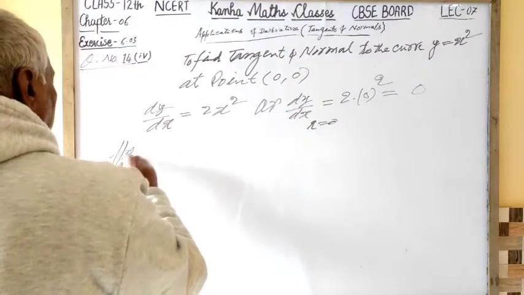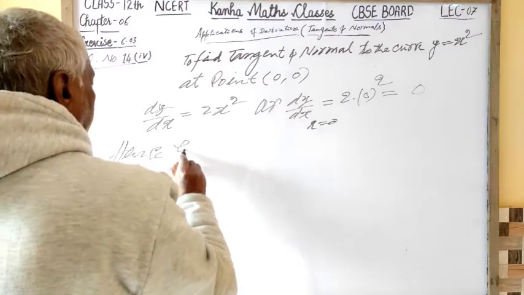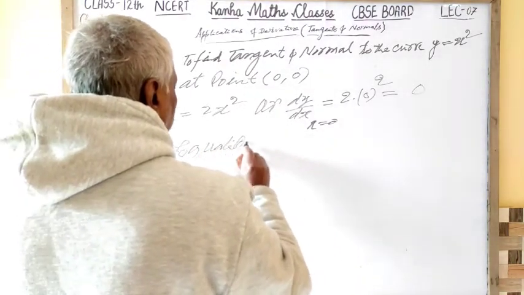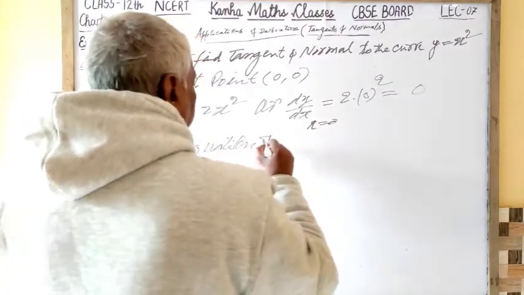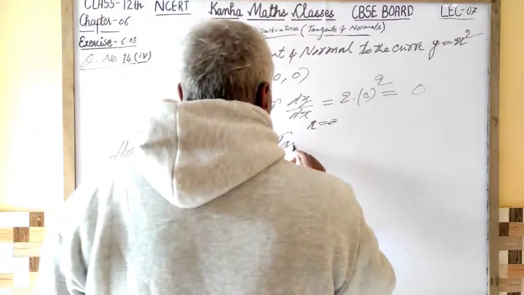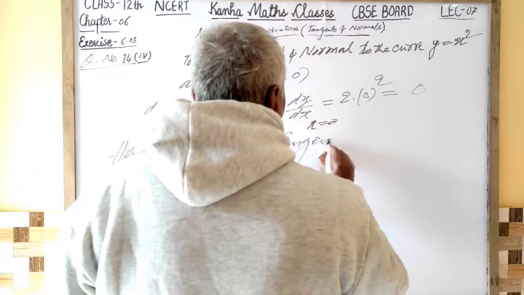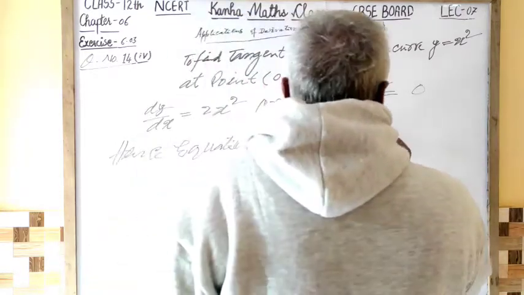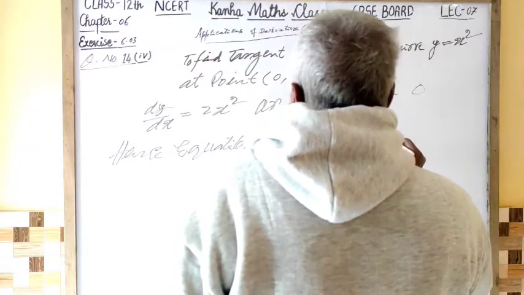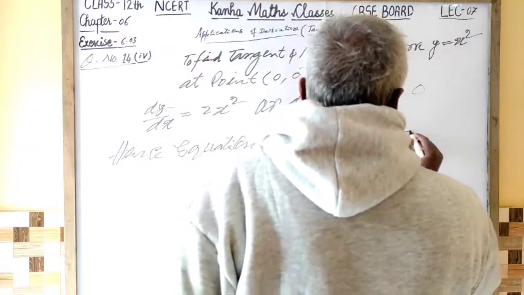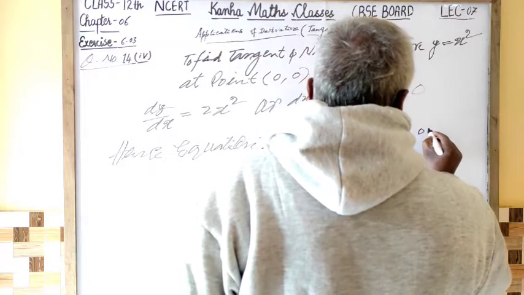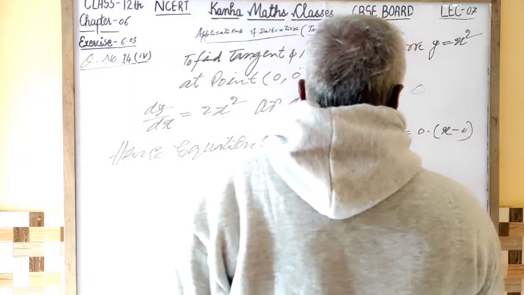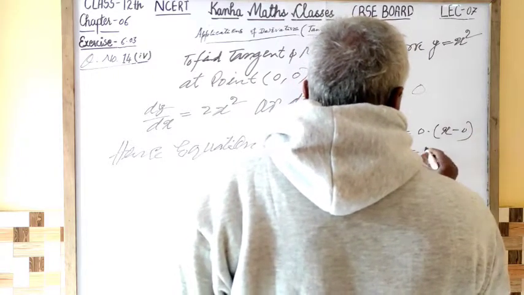Hence, the equation of tangent is y minus y1 equal to dy by dx, 0, times (x minus 0), that is y is equal to 0.